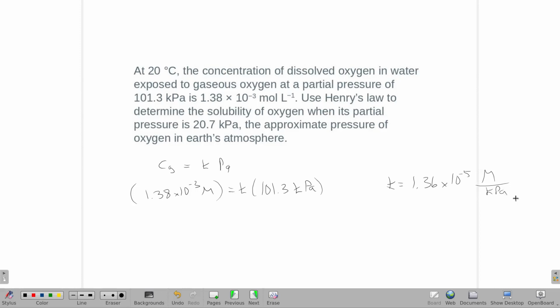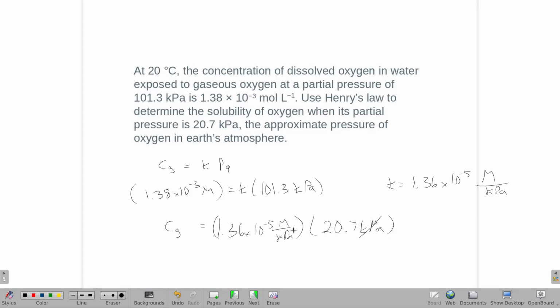Alright, now we are going to use that K with this pressure to determine a new concentration. So the concentration that it's wanting to know here, the solubility, we're going to take that K we just solved for, and we will multiply it by the new pressure of 20.7 kilopascals.